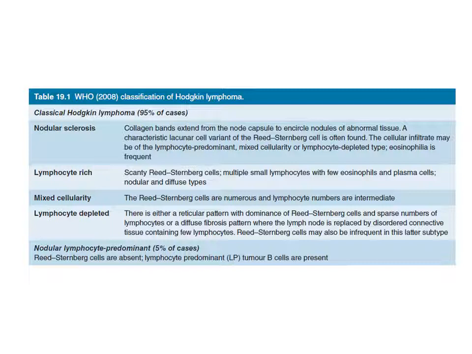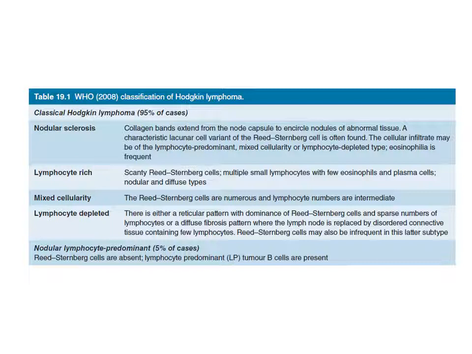There is either a reticular pattern with dominance of RS cells and sparse numbers of lymphocytes, or a diffuse fibrosis pattern where the lymph node is replaced by disordered connective tissue containing few lymphocytes. Reed-Sternberg cells may also be infrequent in this later subtype.